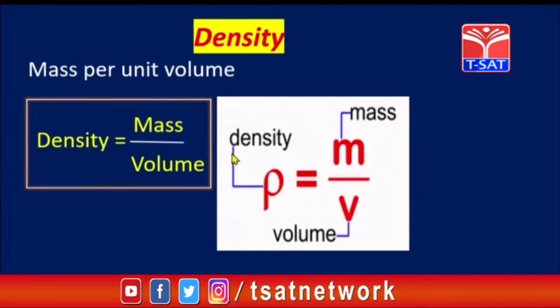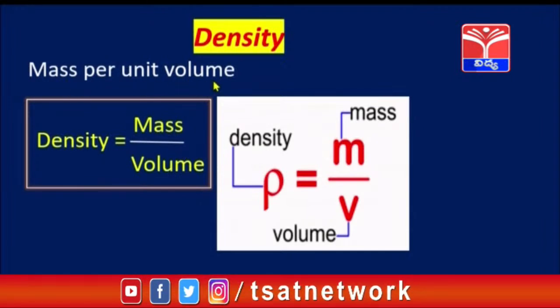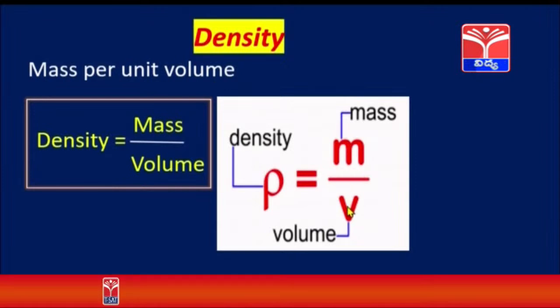So rho indicates density, m is for mass and v is for volume. The mathematical formula for density is mass upon volume, and the definition is mass per unit volume is density, and density rho is equal to mass by volume. A very important formula for density.